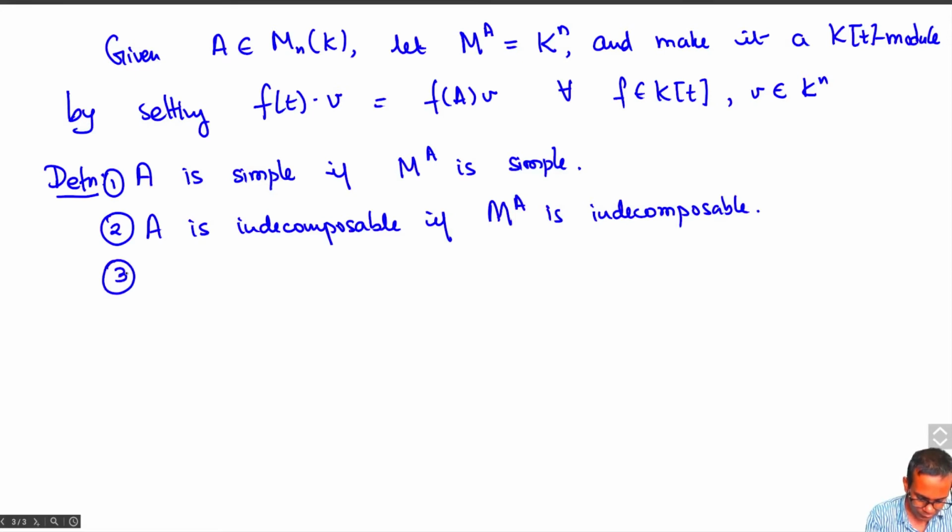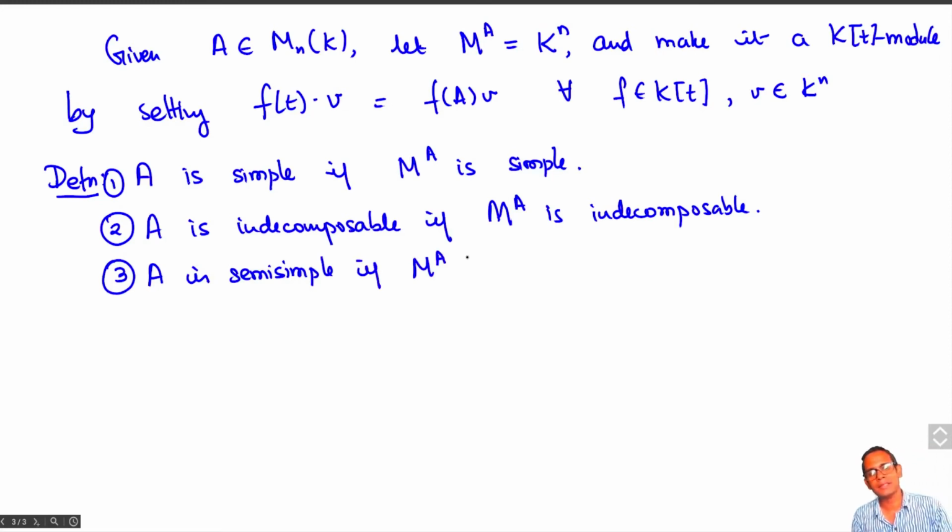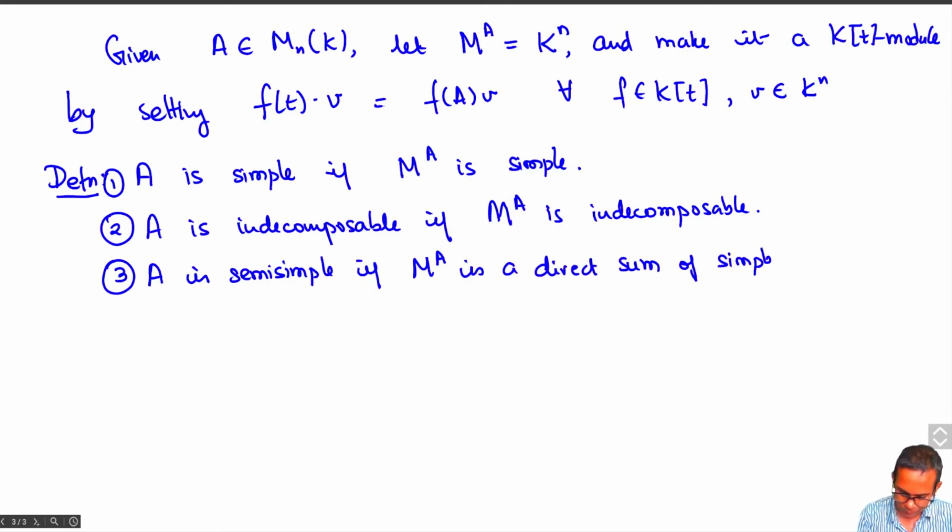And let me just introduce a new notion. A matrix A is semi-simple if M_A is semi-simple. A module is said to be semi-simple if it is isomorphic to a direct sum of simple modules.